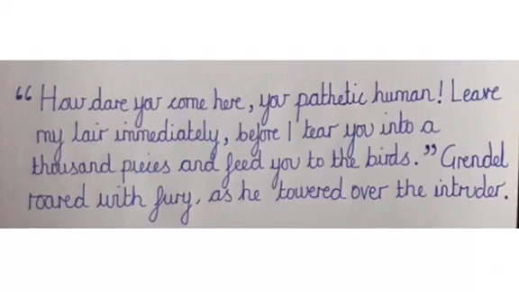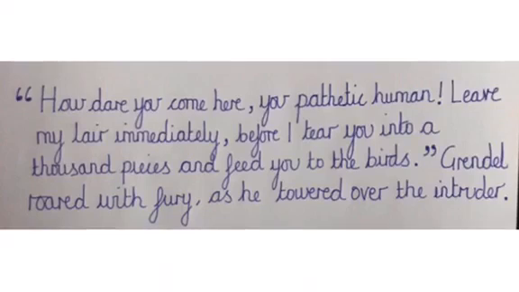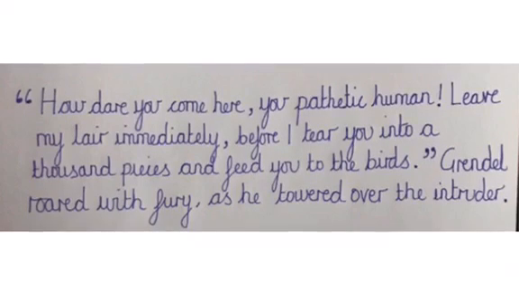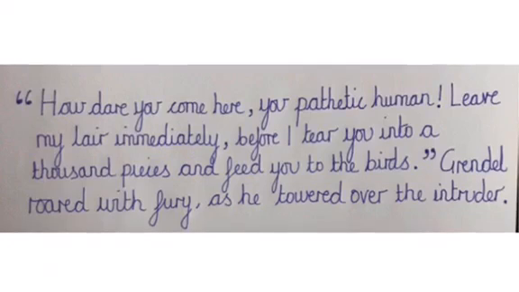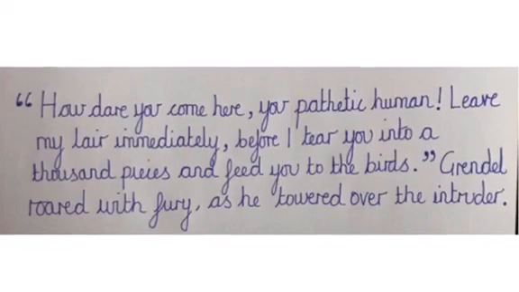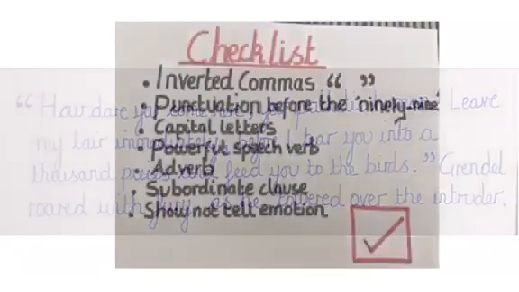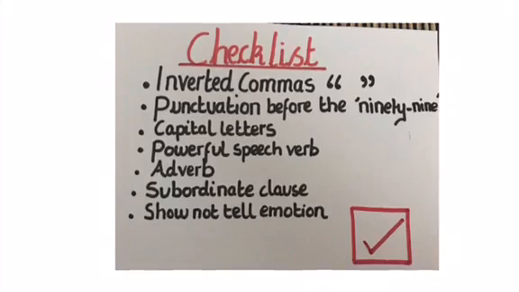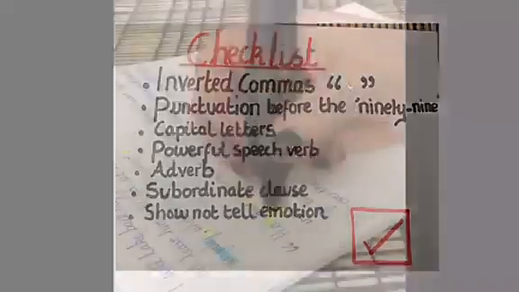I'm going to use a comma before my subordinate clause, and the fact that he's towering over his intruder shows that he is feeling very angry. And another little check with my highlighter to make sure I've included everything from the checklist.